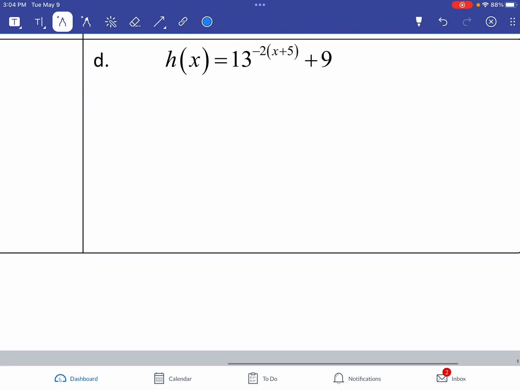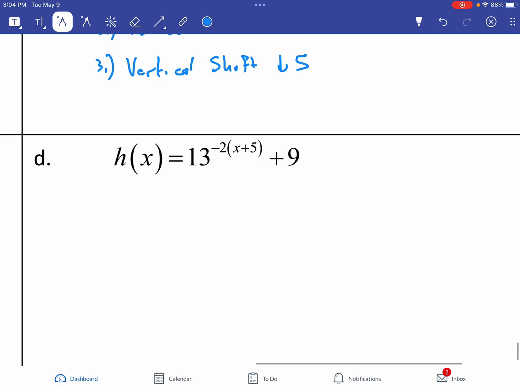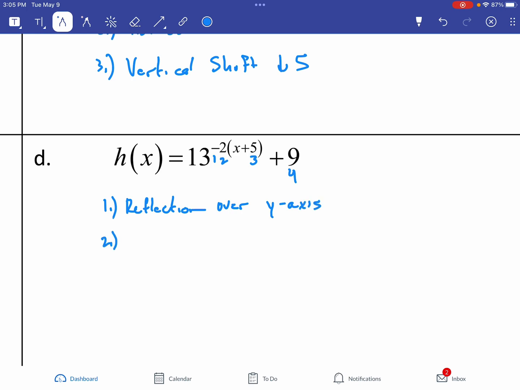Last problem. There is 1, 2, 3, 4 changes. 4 transformations. The first one, this is a reflection over the y-axis. 2, we're multiplying by a whole number bigger than 1 on the inside of the function.